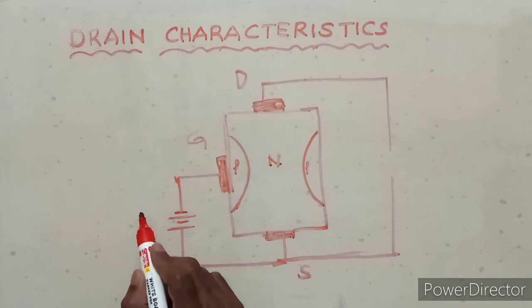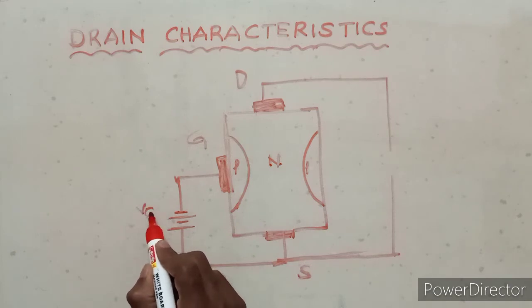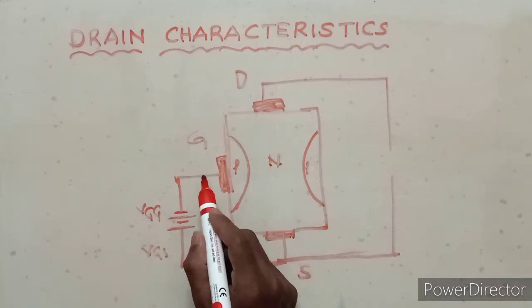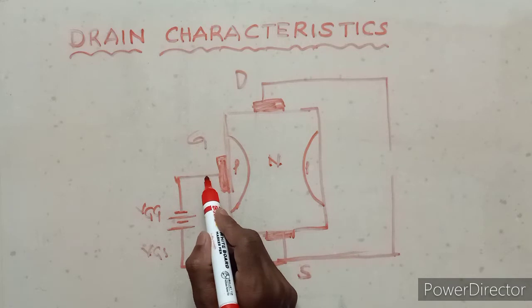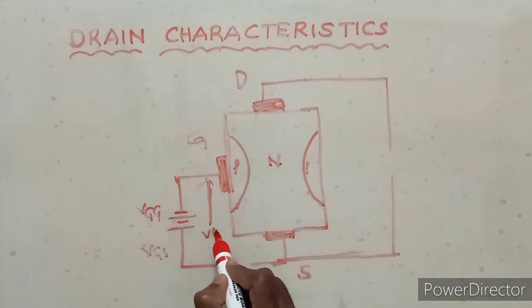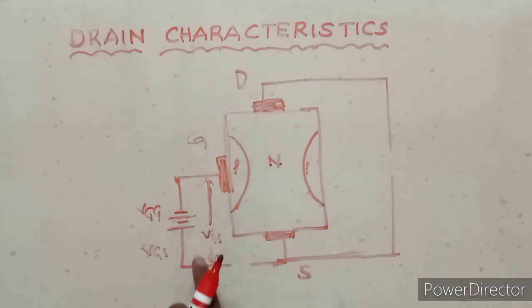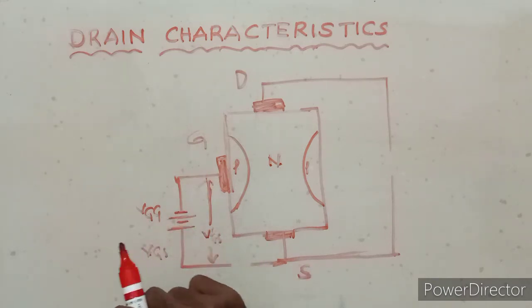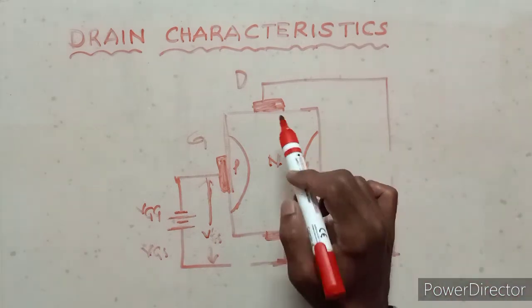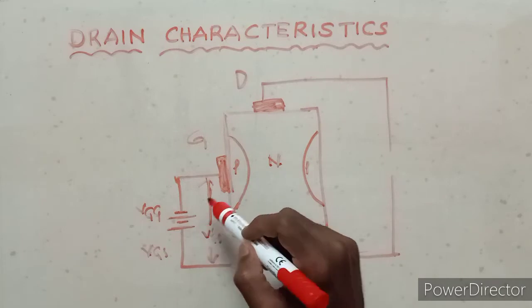So this is the battery. This battery is denoted by VGG and also VGS. That is the voltage between the gate and source. Next, this is the reverse bias.